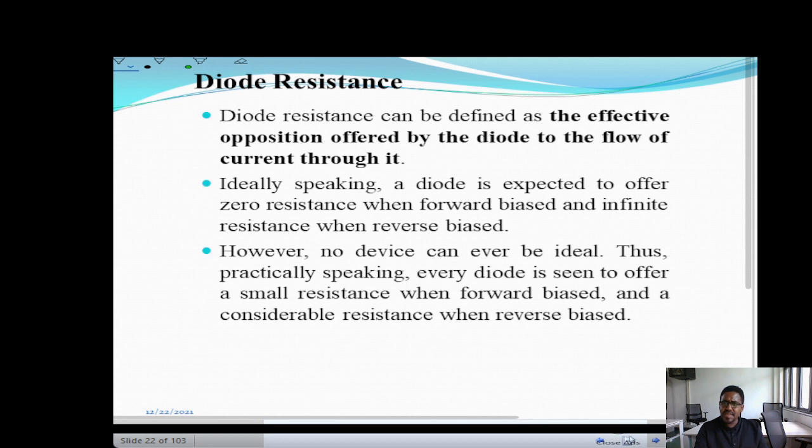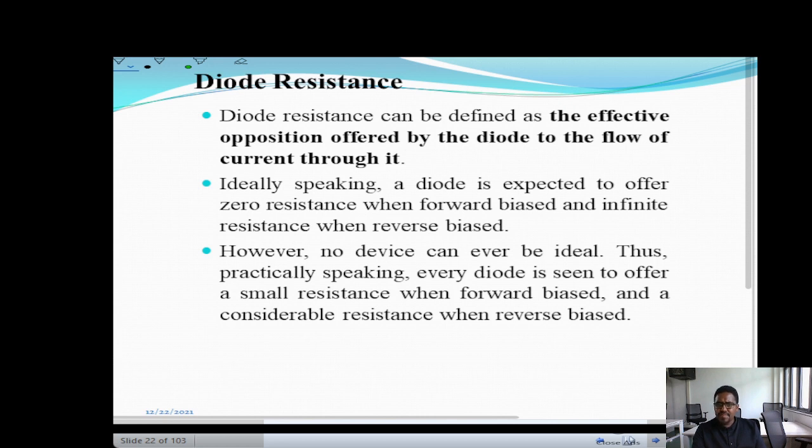Diode resistance. Diode resistance can be defined as the effective opposition offered by the diode to the flow of current through it. Ideally speaking, a diode is expected to offer zero resistance when forward biased and infinite resistance when reverse biased. However, no device can ever be ideal.